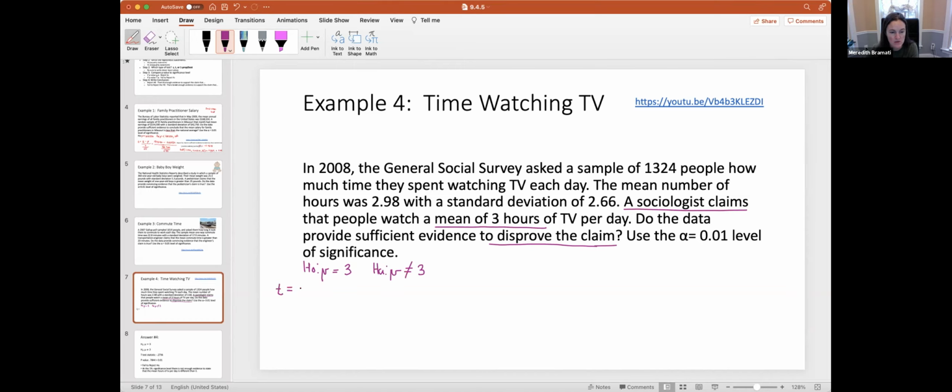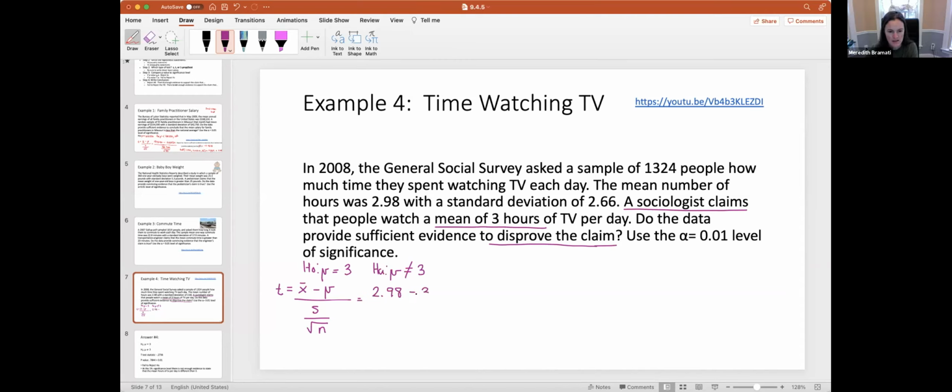So t equals the sample mean, over the hypothesized mean, minus the hypothesis mean, over the sample standard deviation, which is then over the square root of n. This is the last one I'm going to do by hand, okay? We already heard that 2.98 is our sample mean.